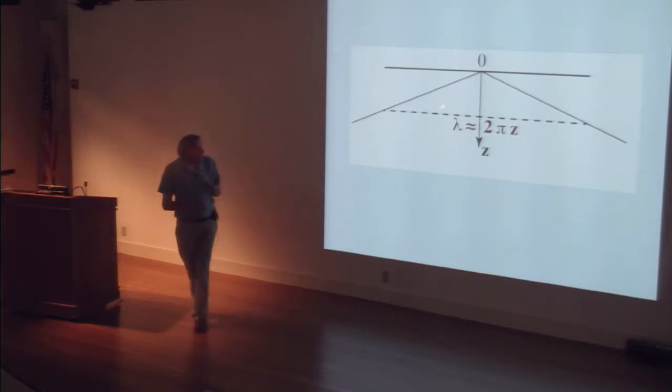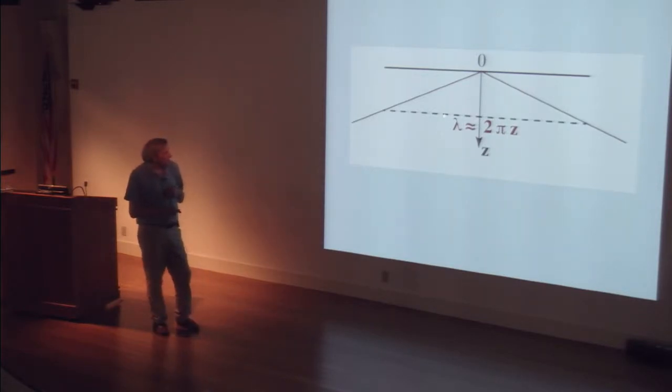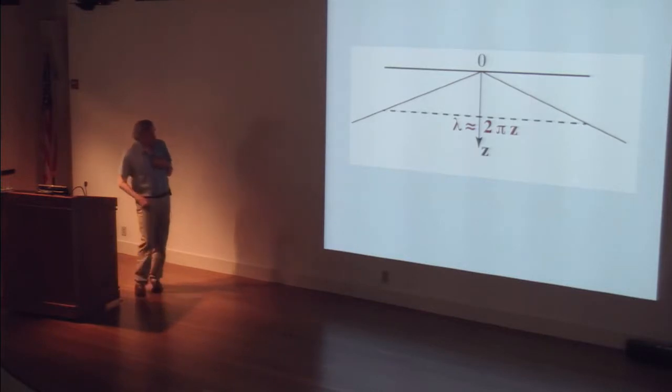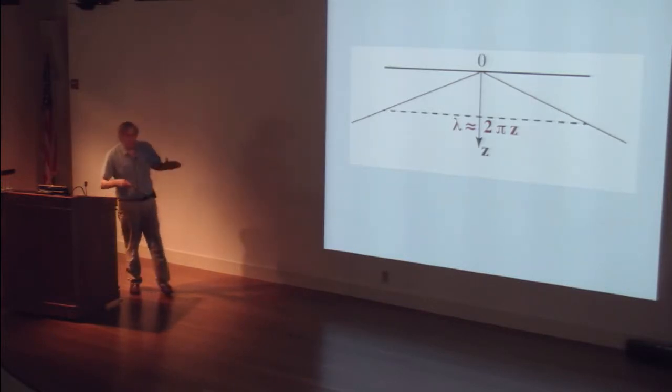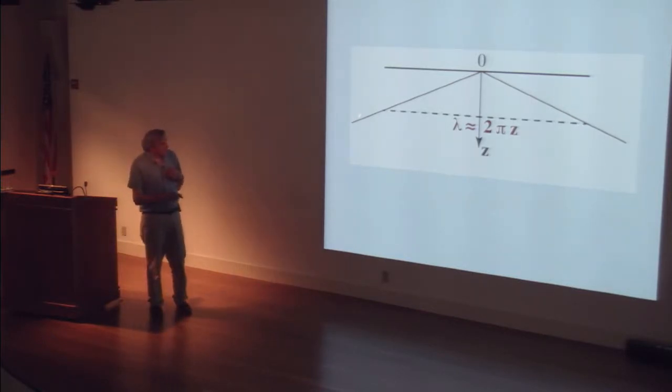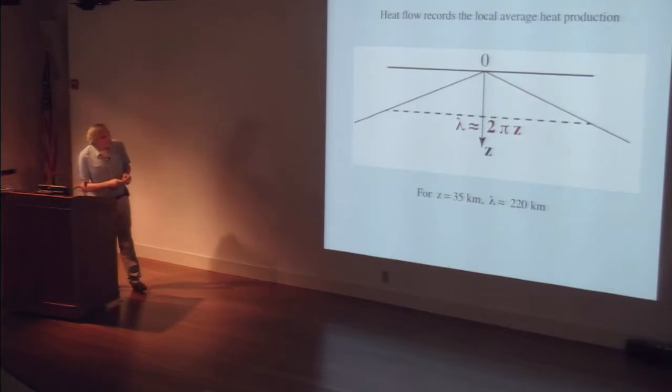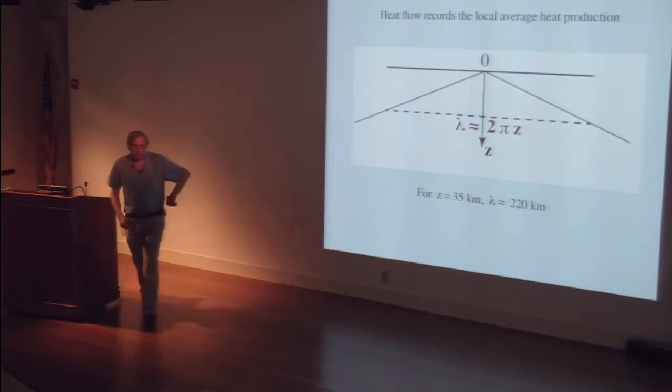And the rule of thumb is that the lateral distance over which you're averaging your heat production goes as 2 pi times z, the depth at which you're considering heat production. So you can see you've got this cone, and the deeper you go, the larger the averaging that has been made.